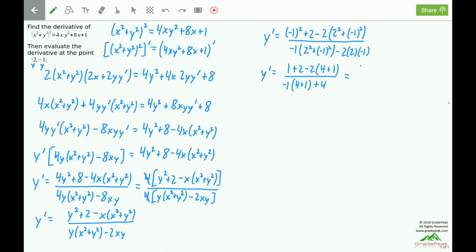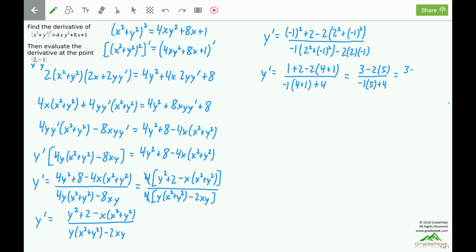So in the numerator we have 1 plus 2, which is 3, and then minus 2 times (4 plus 1, which is a 5), all divided by negative 1 times (4 plus 1), so negative 1 times 5, plus 4.